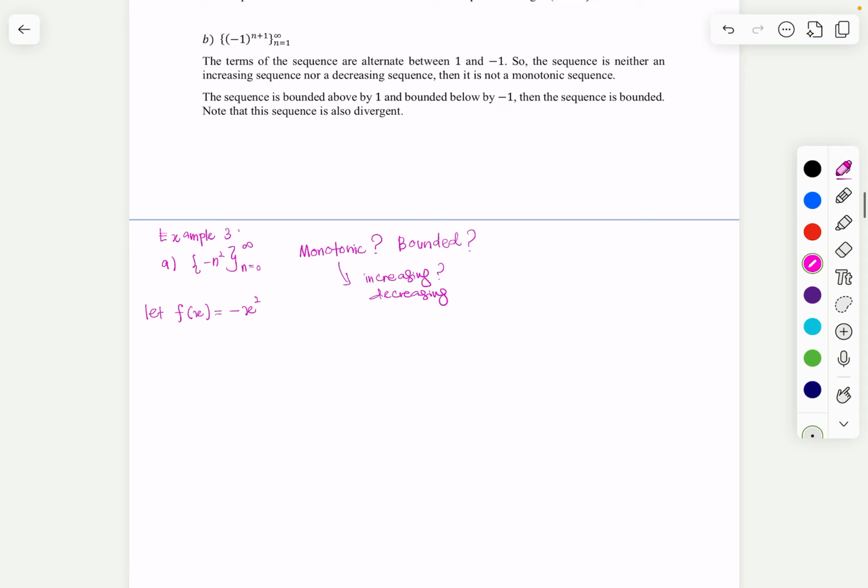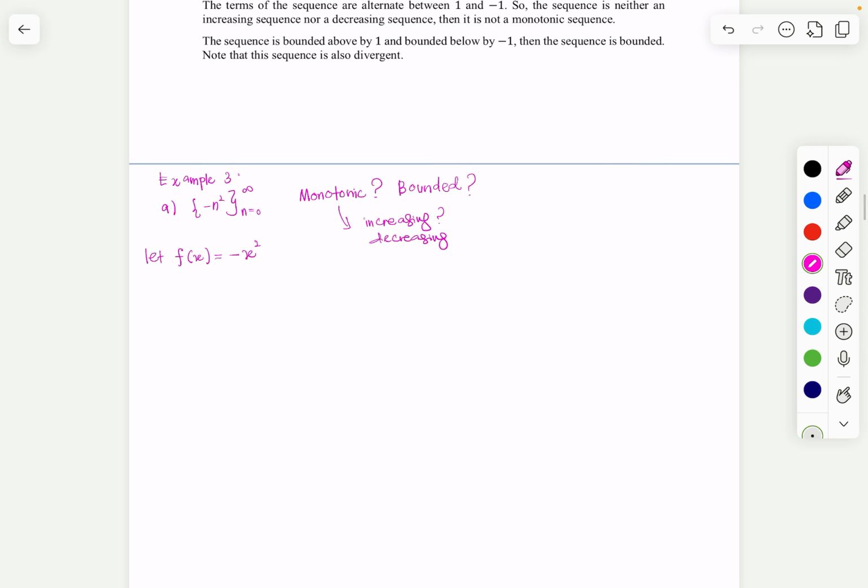So we take the idea of recognizing the increasing or decreasing pattern from the function. Recall how you determine decreasing or increasing of a function. From calculus 1, you need to consider the first derivative test. Still remember the application of differentiation? We consider the first derivative test.